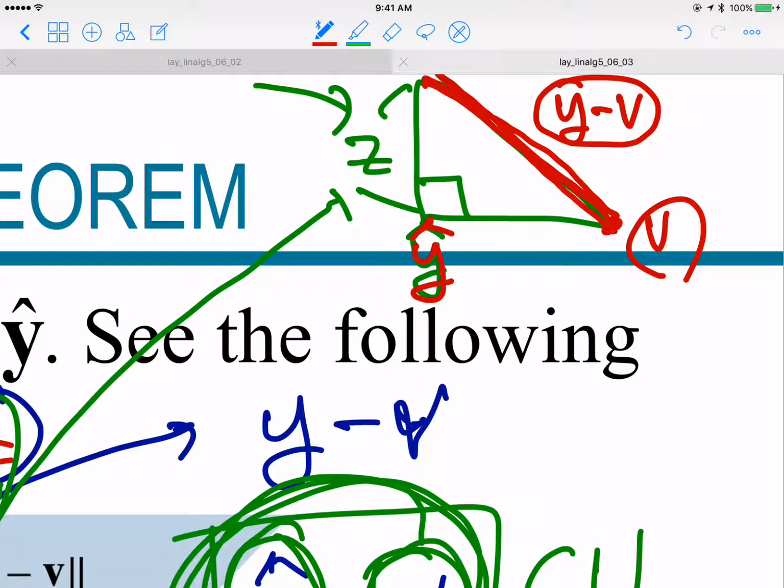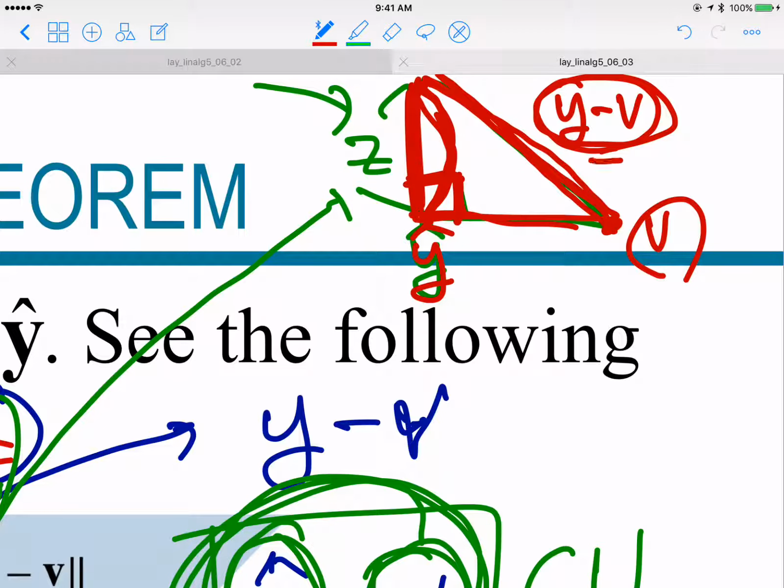The length of this Y minus V vector will always be greater than this vector, because it will always form the triangle with the 90 degree in this place. So from the Pythagorean theorem, the squared length of this guy and this guy will equal the squared length of the additional edge.